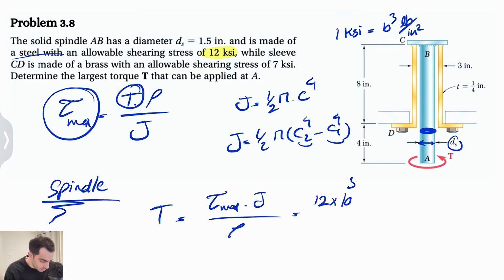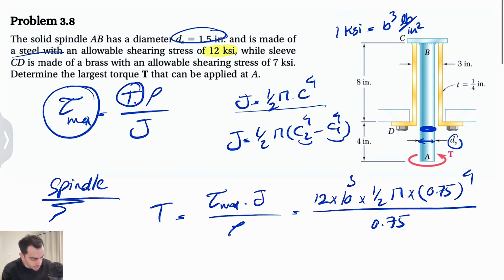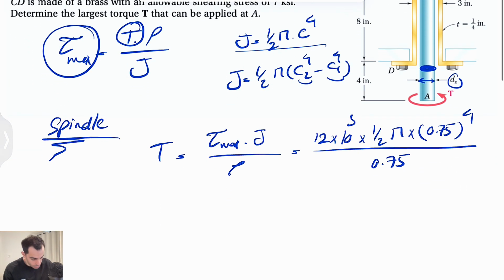So times our moment of inertia, 1/2 of pi times c. Keep in mind that we have the diameter 1.5, so we need to divide it by 2, or 0.75, all to the power of 4. And the radius would be, again, same as what we have for moment of inertia, 0.75. And let's see what we get. So we can cancel these. It's going to be to the power of 3.